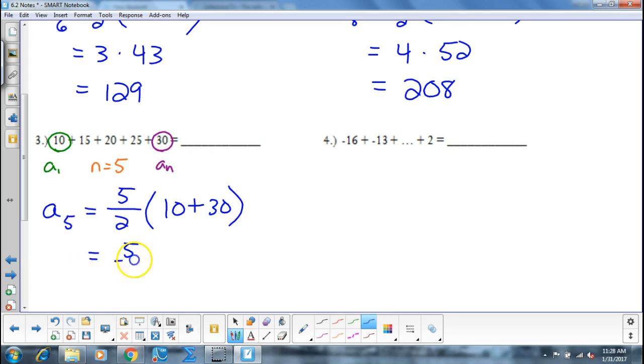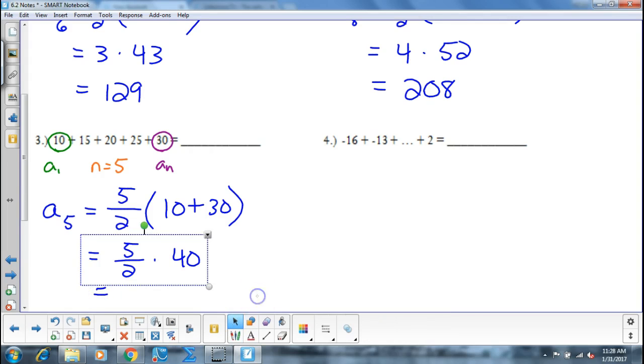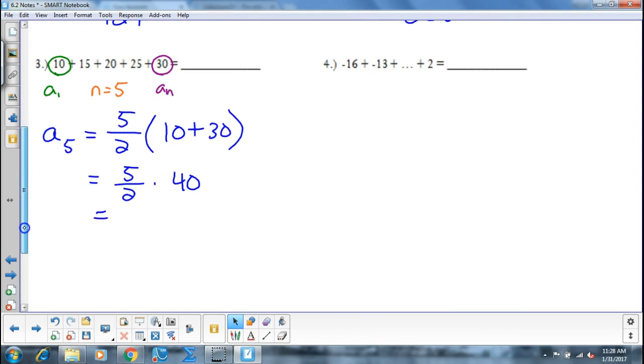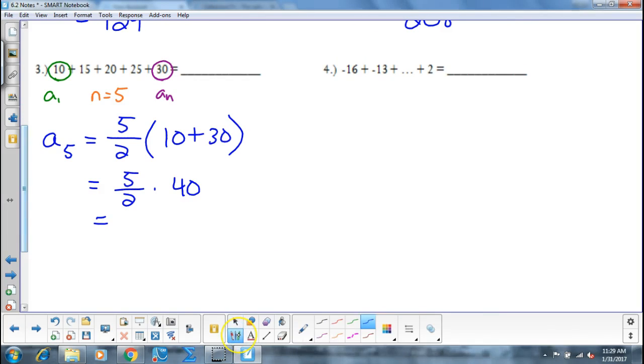That's going to be 5 divided by 2 times 40, which is 100. Yep, so 5 times 20, which is 100.